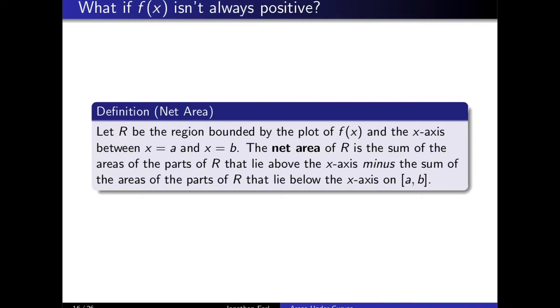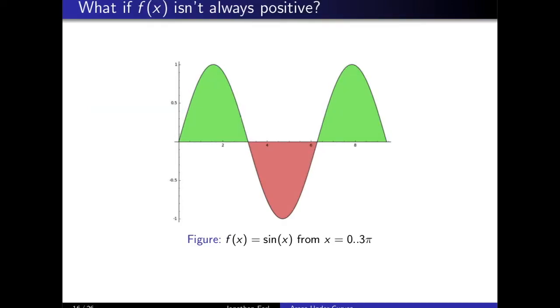Similarly, if the punter punted the ball, say, 55 yards and the other team returned it 10 yards, the net yardage is 45 yards. So 55 for the punt minus the 10 yards on the return. And that's kind of what we're doing with net area. So what we would do here is sum up the green areas and subtract off the red one.